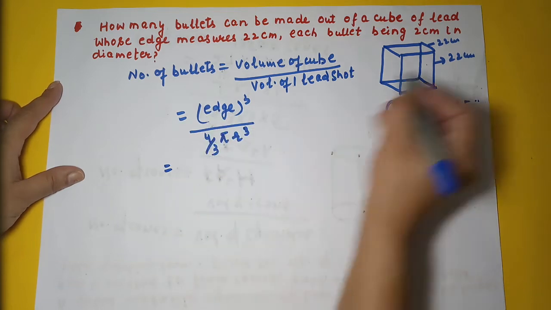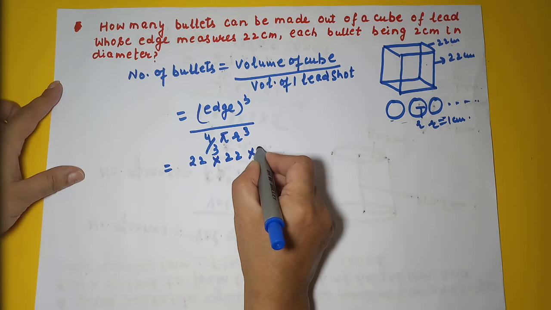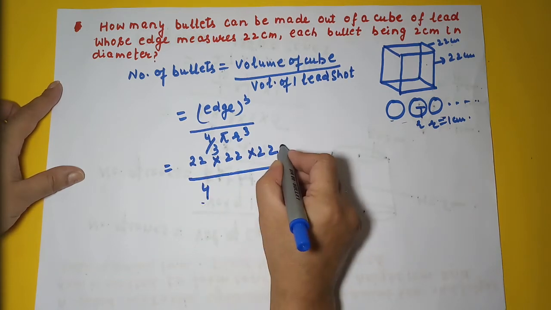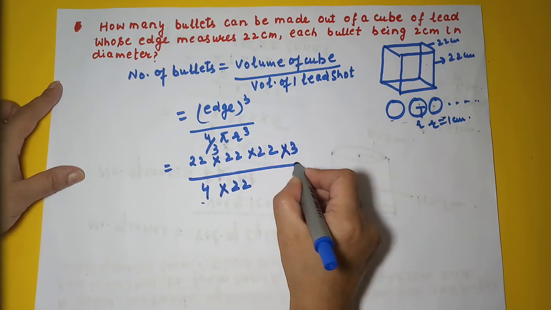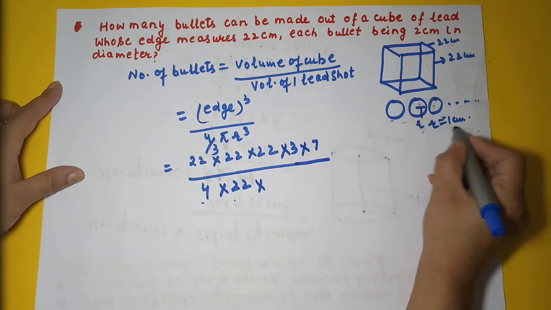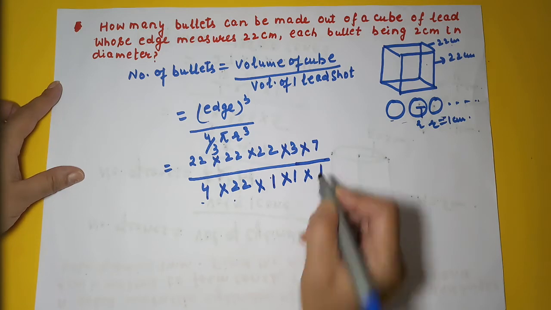So edge is 22, so 22 into 22 into 22 divided by 4/3, that 3 will come up, into 22/7, that 7 will also go up, and then we have r cube. So r is 1 centimeter, so 1 into 1 into 1.